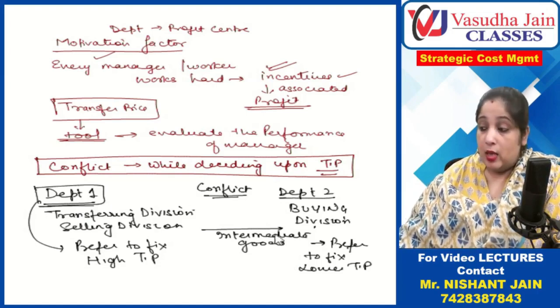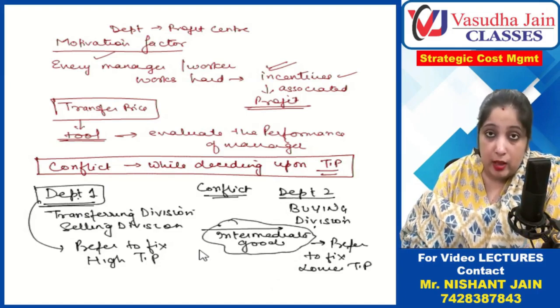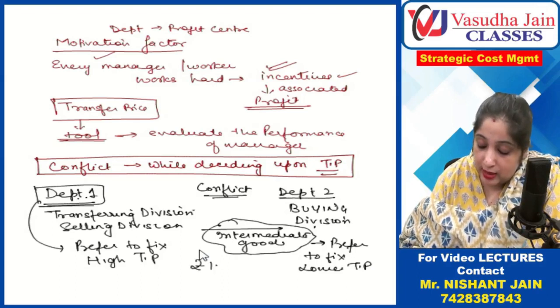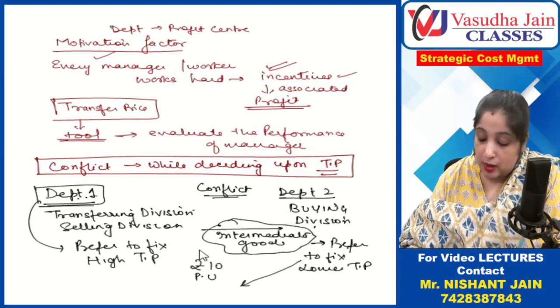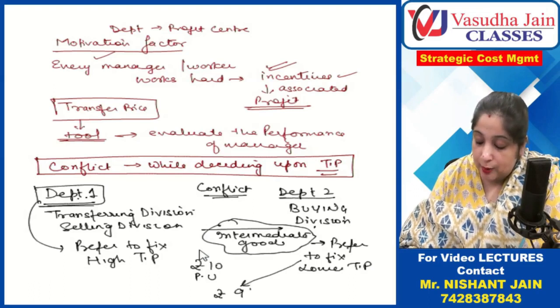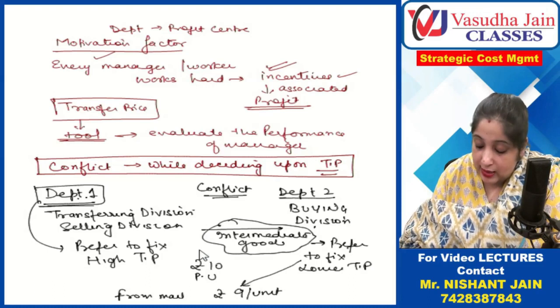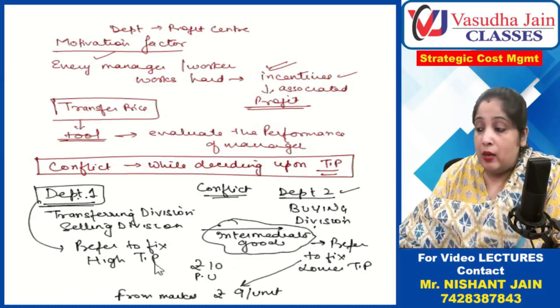Now suppose the same intermediate good, department 1, listen to this, department 1 wants to sell this intermediate good at rupees 10 per unit, but the same intermediate good is available from the market at, let us say, 9 rupees. So now this is very discouraging for department 2 to purchase from department 1.